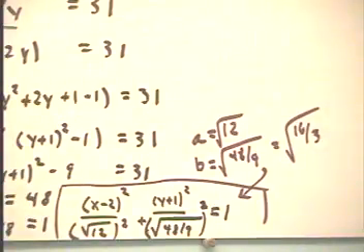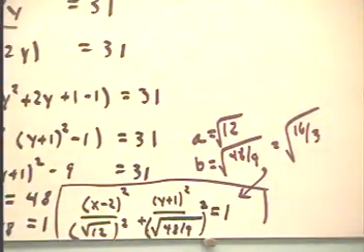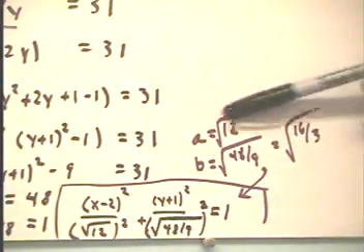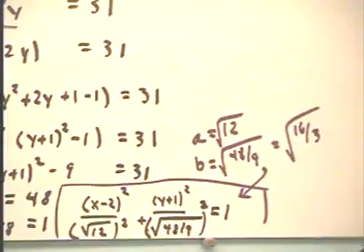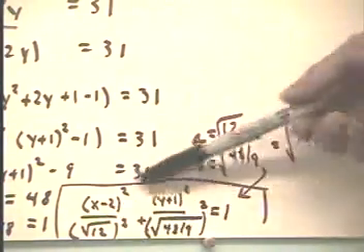And then 4 times the square root of 3 over 3 would have been even better form. So this isn't in real good form here. In any case, this is the correct form for the equation of an ellipse.